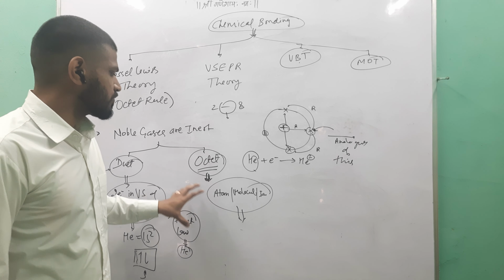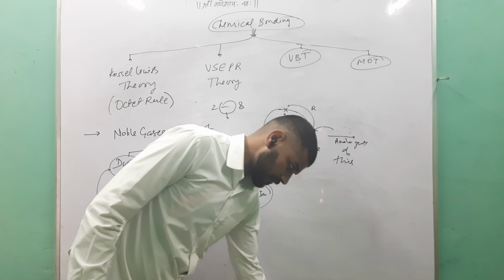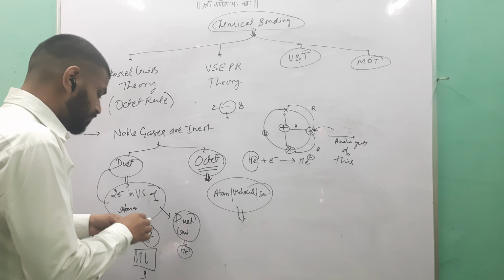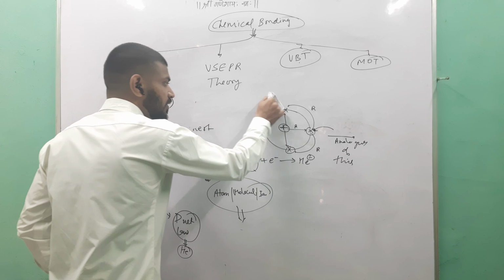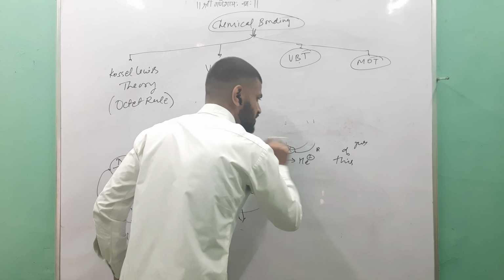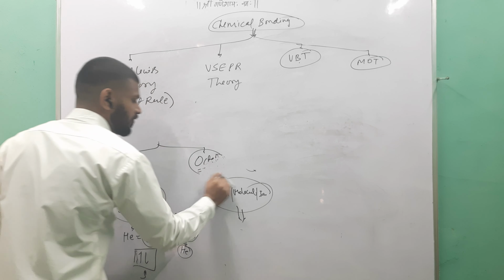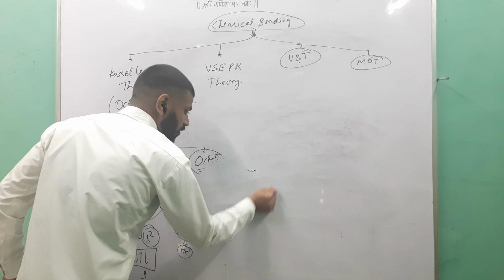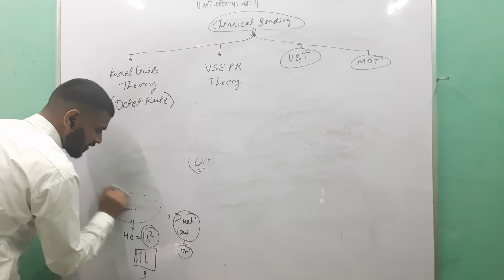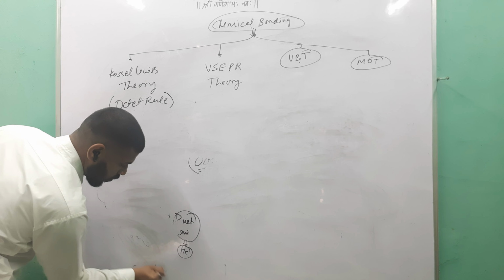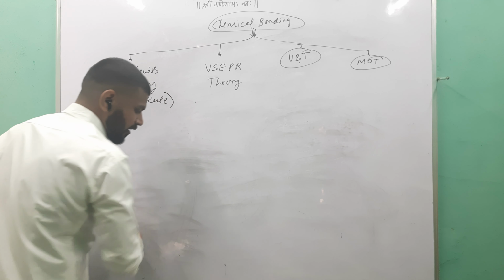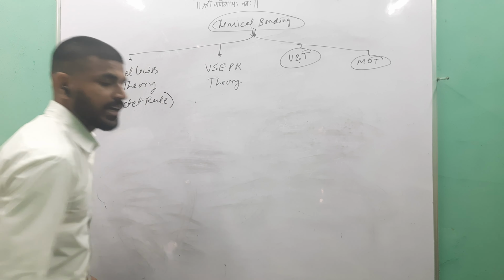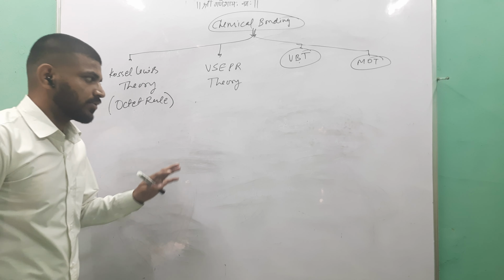So our main focus will be the octet rule, and we will study how to complete the octet, the different ways by which we can explain how the octet rule is practically applicable in this chapter.